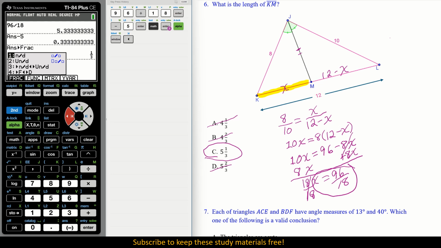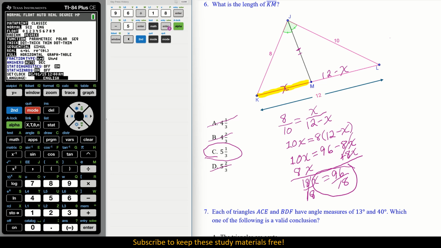Number 4 can go from fraction to decimal, decimal to fraction. And when you go to mode, you also need to look at fraction type. I have it set up where I get the numerator over denominator. I don't have it set up in the other form. So it all depends on your setup.